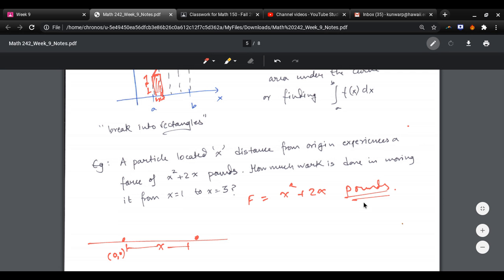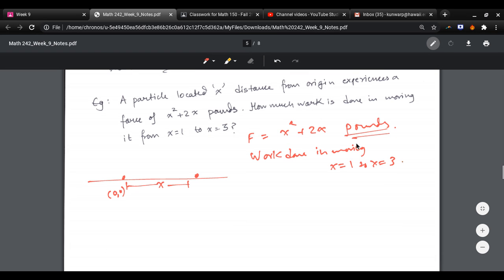Now again, we have to use a small conversion factor of changing this force into newtons. How much work is done in moving from x equals 1 to x equals 3?